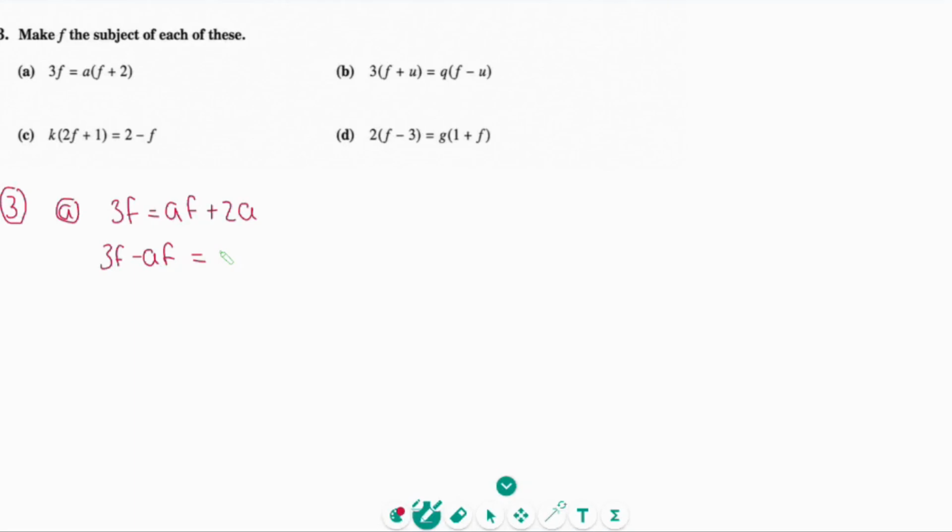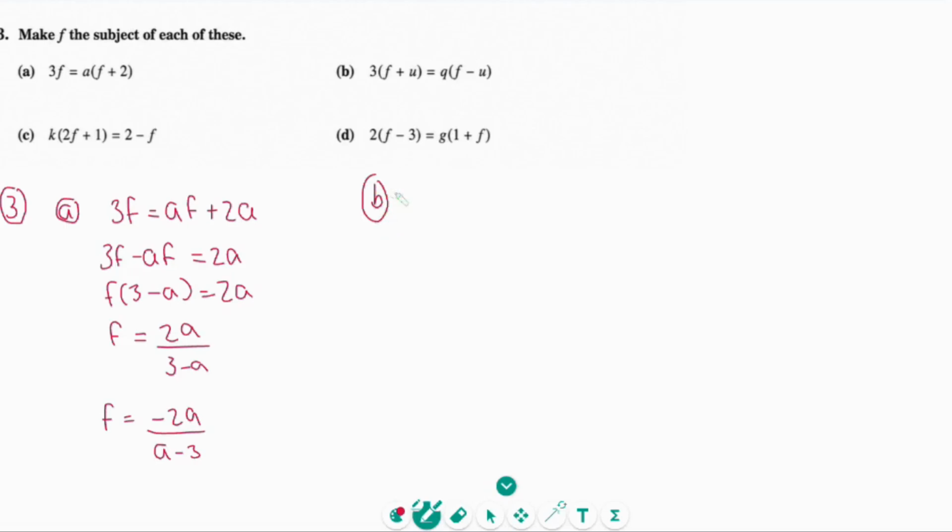Factorise. And lastly, divide both sides by 3 minus a. It's unlikely you would have it the other way around here, but if you have, it would be minus 2a over a minus 3 is your alternative answer.